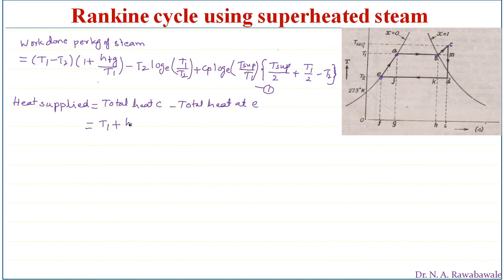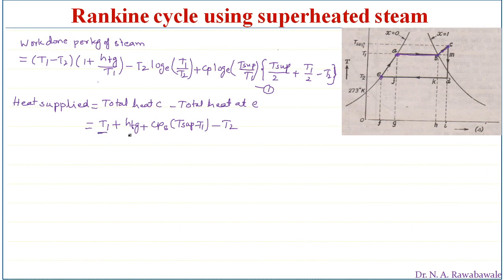So total heat at C minus total heat at E can be written as temperature T1 plus HFG plus Cps into T sub minus T1, minus T2. Here T1 is the temperature at A. So this gives us the enthalpy supplied below point A, plus latent heat of vaporization from A to B, plus the enthalpy of superheated steam, heat supplied to superheat.